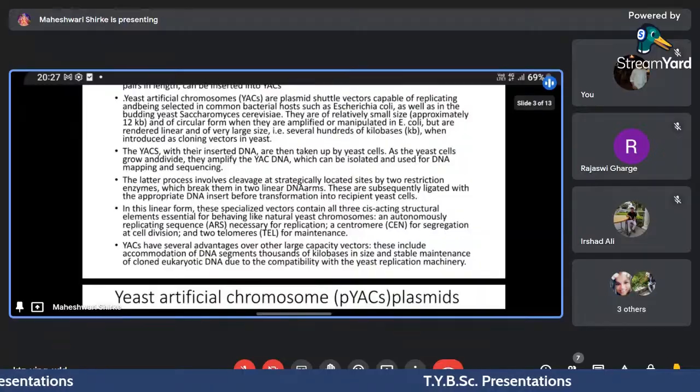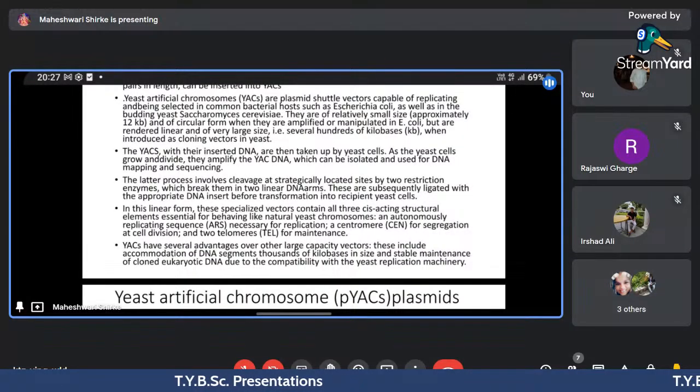Yeast artificial chromosomes are plasmid shuttle vectors capable of replicating and being selected in common bacterial hosts such as Escherichia coli as well as in the budding yeast Saccharomyces cerevisiae.